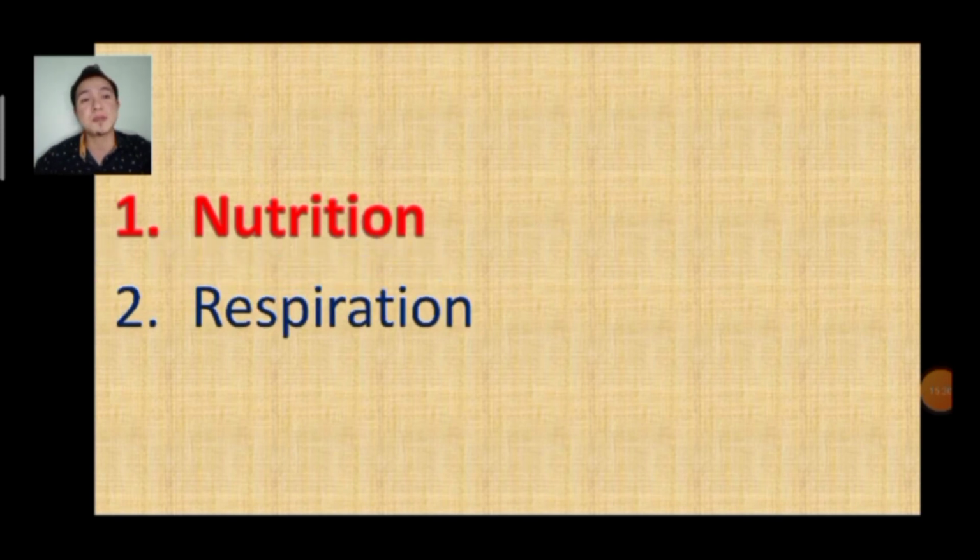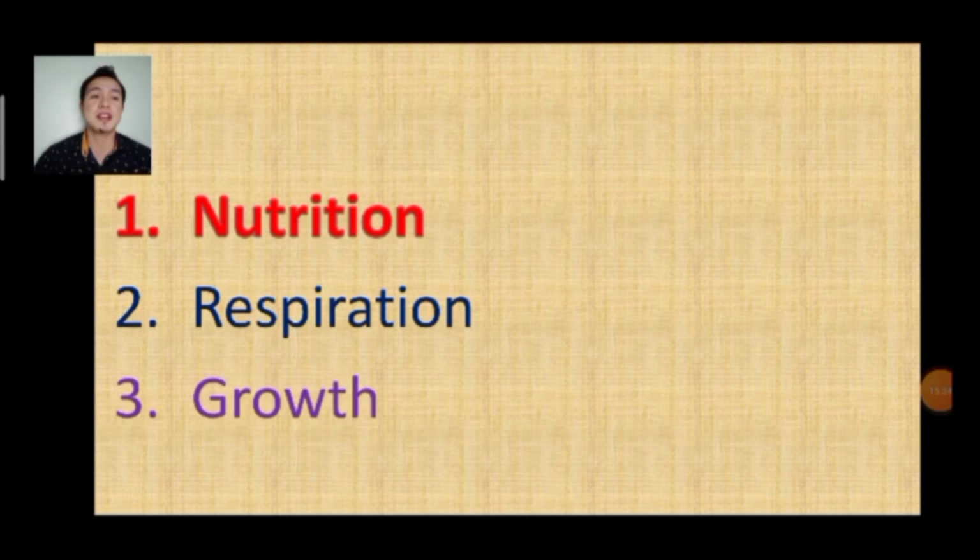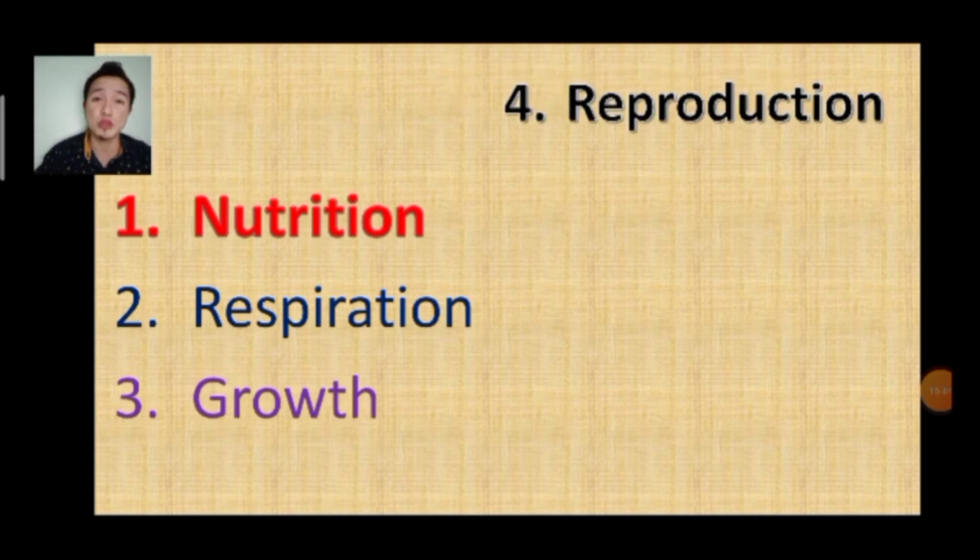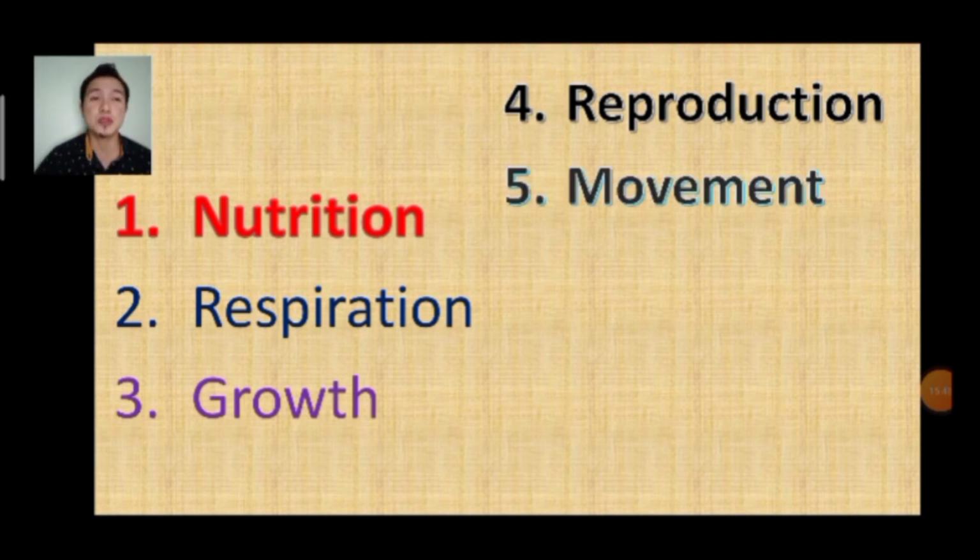So this time, let's review. Living things need nutrition. Living things respire, or respiration. Next, living things grow, and living things reproduce, or reproduction, they can have their babies, can reproduce other animals, another plants, other living things. Next, number 5 talks about movement.